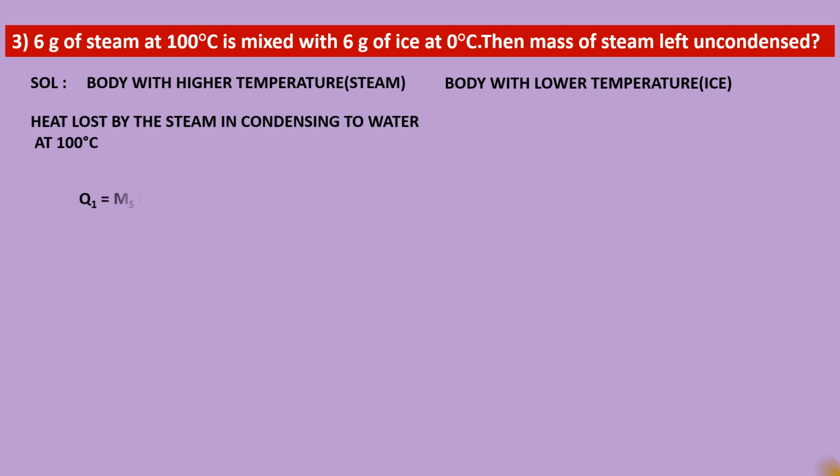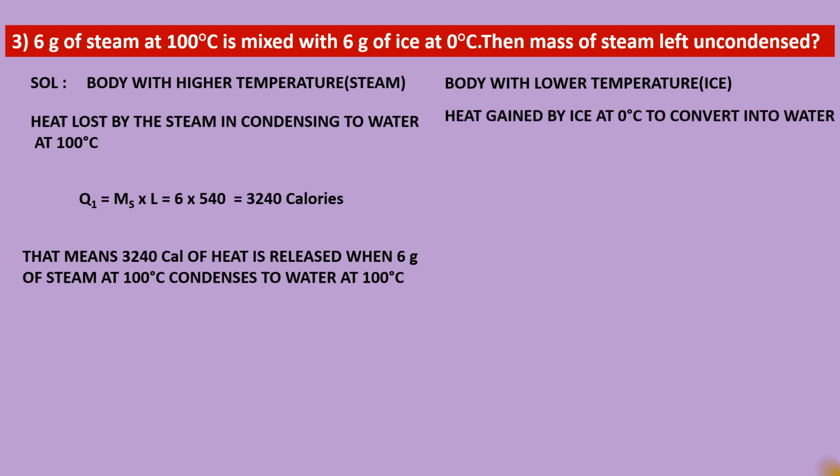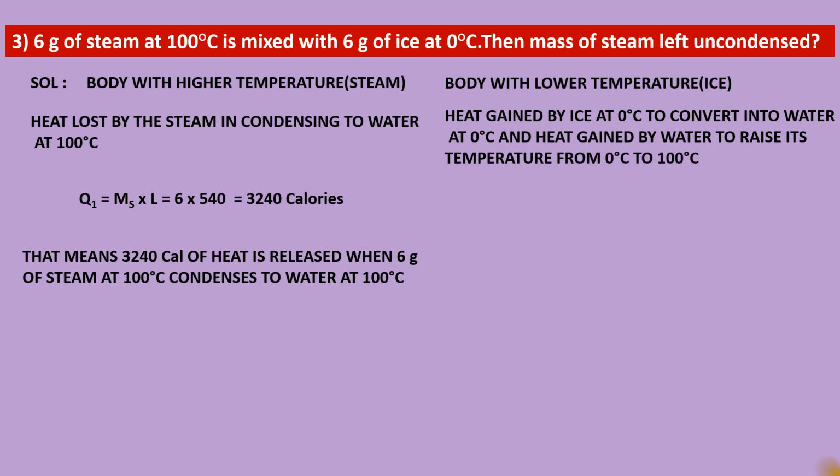We use the formula Q is equal to mL, and if you substitute the values, we get 3240 calories. That means 3240 calories of heat is released when 6 grams of steam at 100 degrees Celsius condenses to water at 100 degrees Celsius. As ice is at lower temperature, let us calculate how much heat is gained by ice at 0 degrees Celsius to convert into water at 0 degrees Celsius, and also the heat gained by the water to raise its temperature from 0 degrees Celsius to 100 degrees Celsius.